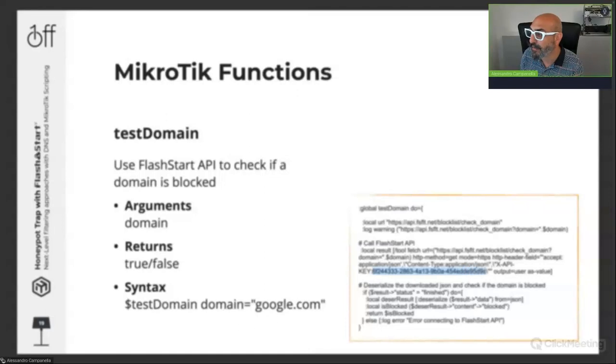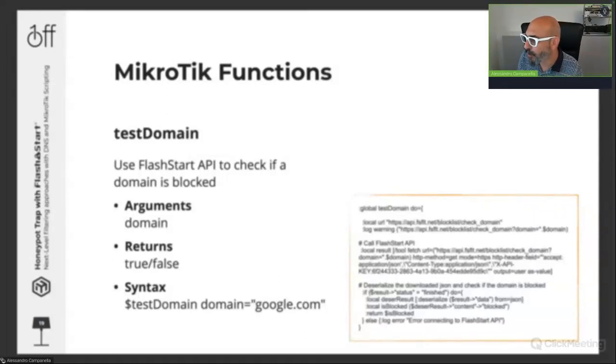We will delete it after the presentation, so it's not a big problem we have here. Clear, and the test domain function is done as shown. So test domain, what the function does, it calls the FlashStart APIs and process the result.